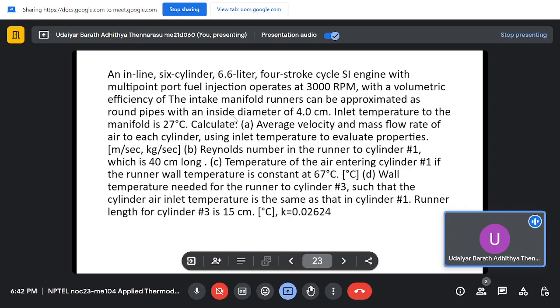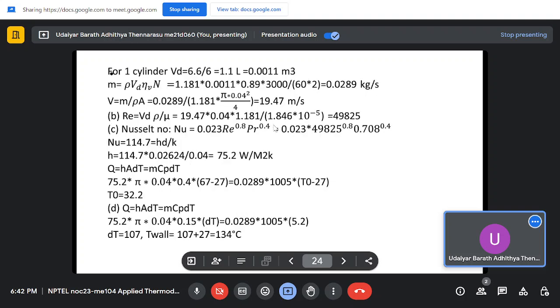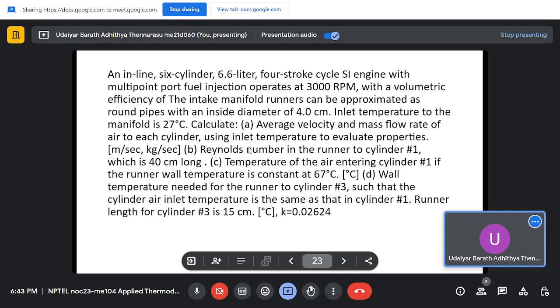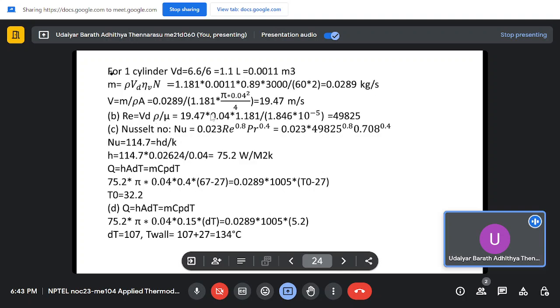Sorry, the length is 40 centimeter. Again, Reynolds number is rho V d by mu, where d is the diameter, 4 centimeter. So 0.04 into 1.181 divided by 1.846 into 10 power minus 5, the viscosity mu. So it will give me 49825 as the Reynolds number.